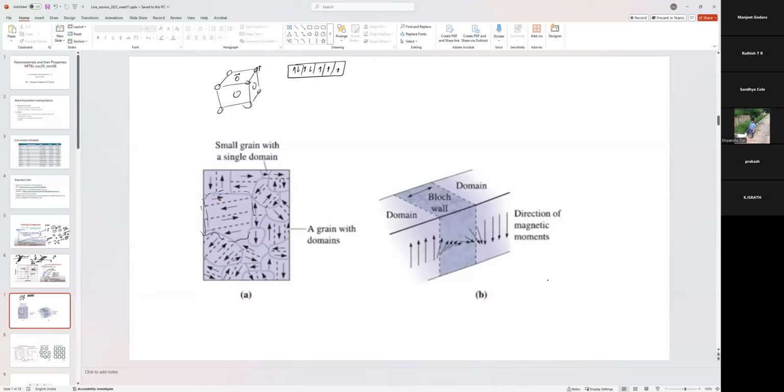In one zone, all these magnetic fields will point in a single direction in a particular area. That area is called a single domain. In this domain, all the individual tiny magnets formed by atoms are pointing in a single direction.